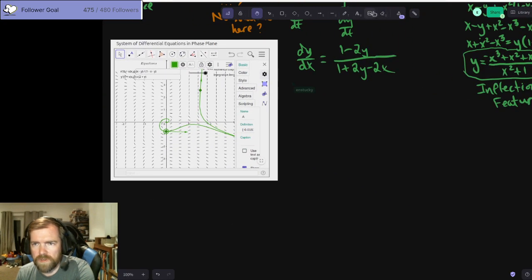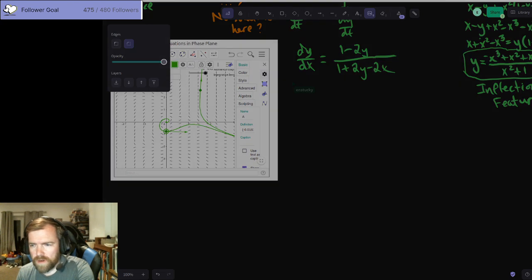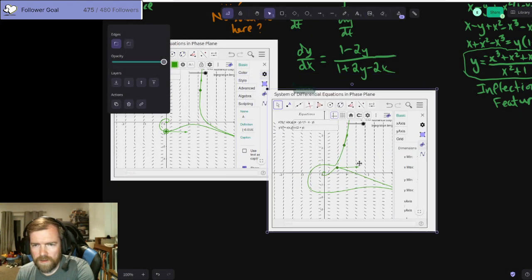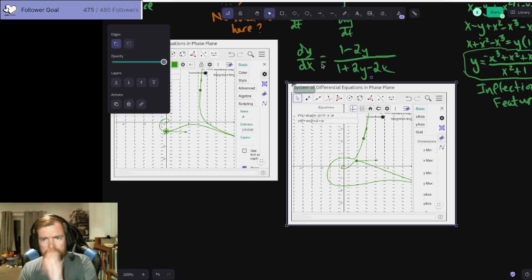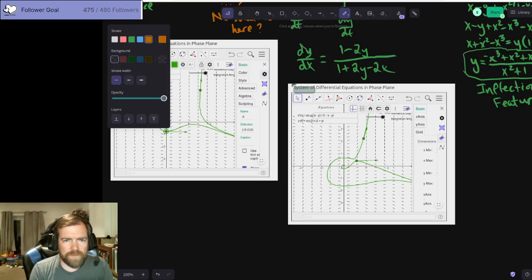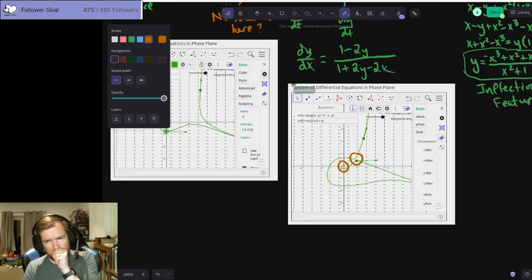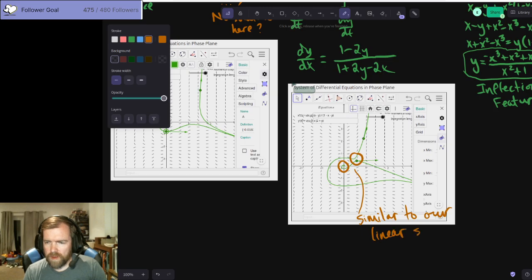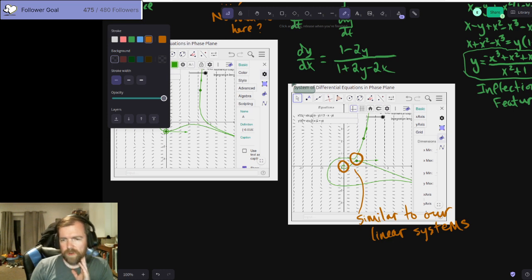I'll also post another one here. Oh, I see, so that's like a saddle. Yeah. So we have similar behaviors going on in these locations, similar to our linear systems.